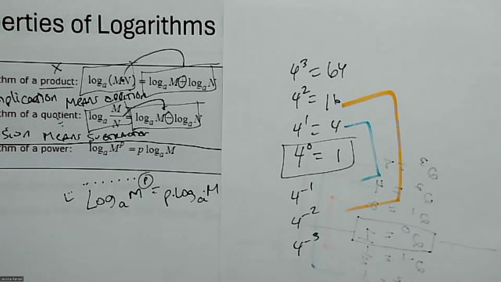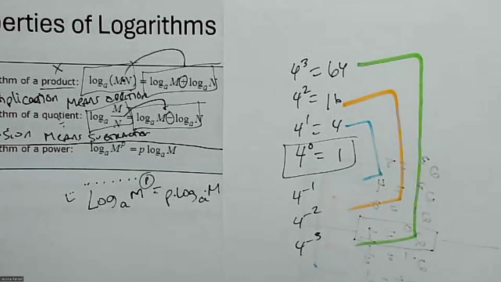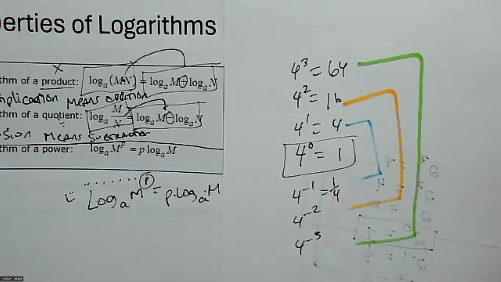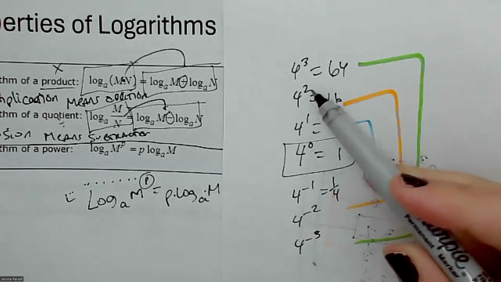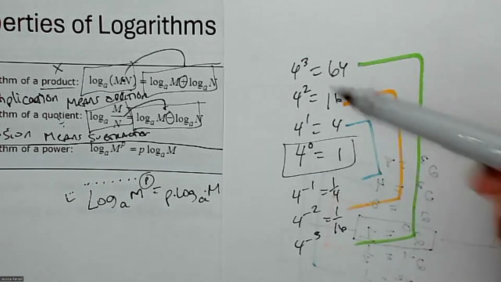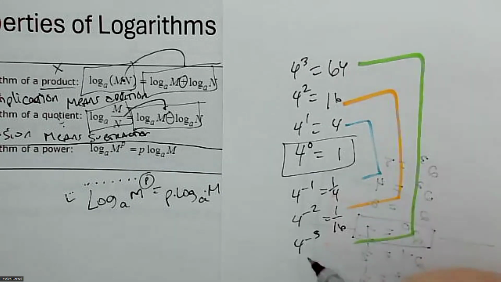Let's use green here. If 4 to the first power is 4, 4 to the negative first power is 1/4. If 4 squared is 16, 4 to the negative 2 is 1/16. If 4 cubed is 64, then 4 to the negative third is 1/64.